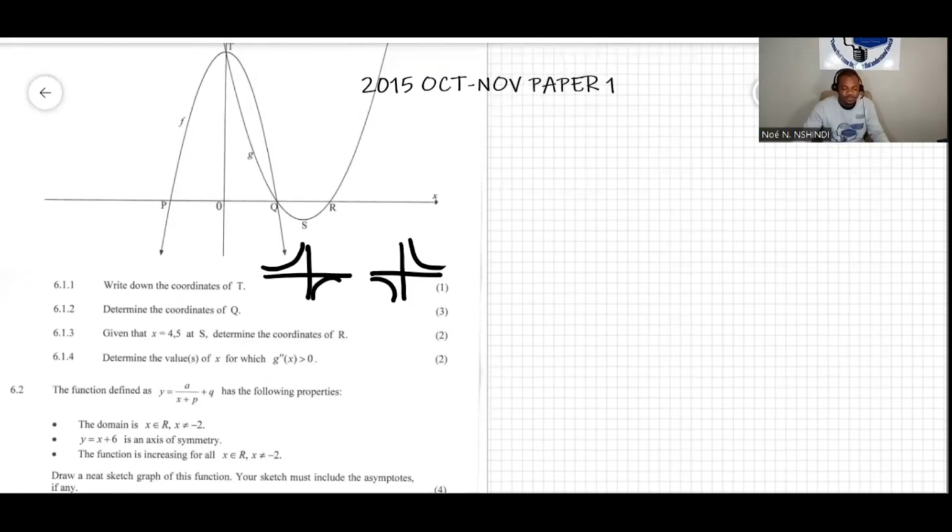If a is positive, the hyperbola will look like that, and if a is negative, the hyperbola will look like this. Now let's look at the properties, because we don't know yet whether a is positive or negative.